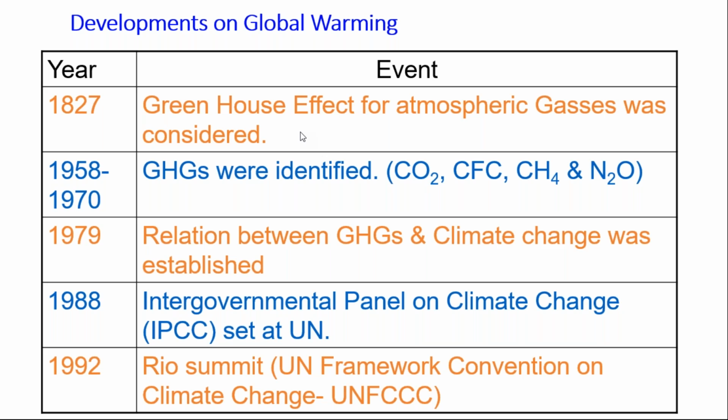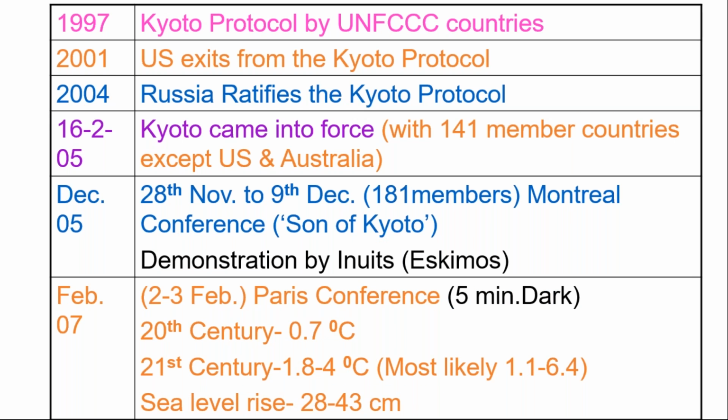Then in 1970, the relation between GHG and climate change was established. In 1988, the Intergovernmental Panel on Climate Change, that is IPCC, was set up at the UN. Then in 1992, the Rio Summit, that is UNFCCC, was carried out. Then in 1997, the Kyoto Protocol by UNFCCC countries.